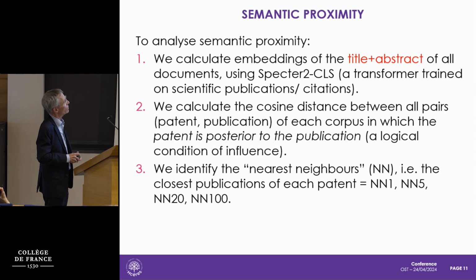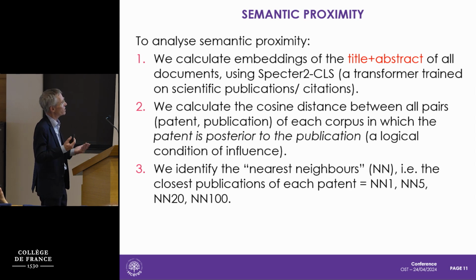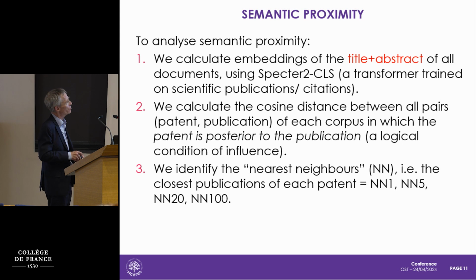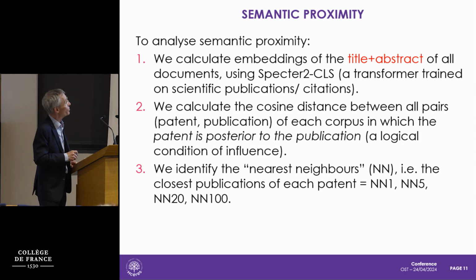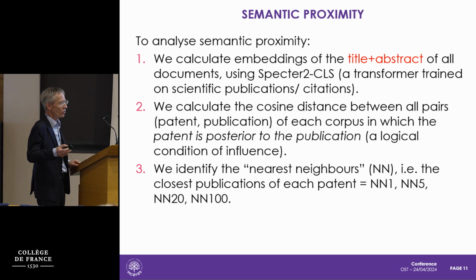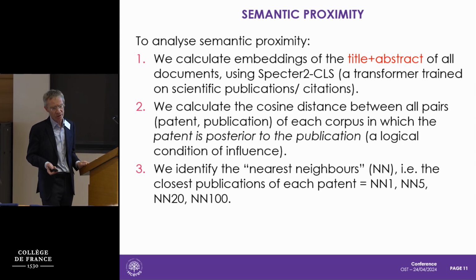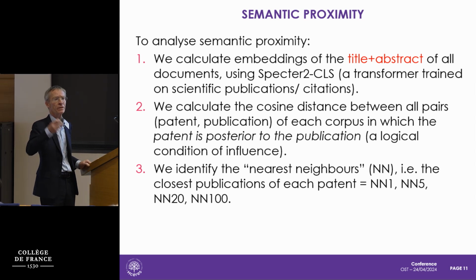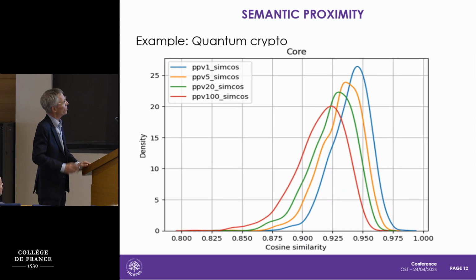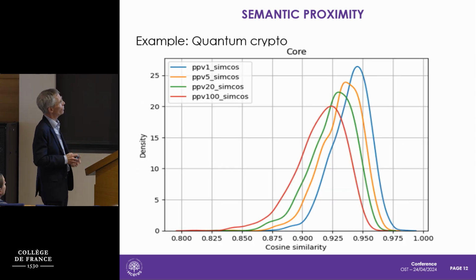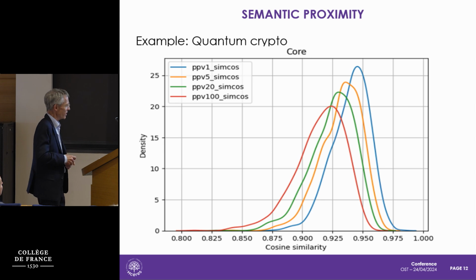And so we calculated the embeddings, and we calculated the cosine distance, the proximity between these vectors, and then we identified the nearest neighbors. So the publication that is the closest to a patent, the 5th closest publication to a patent, 20th and 100th.